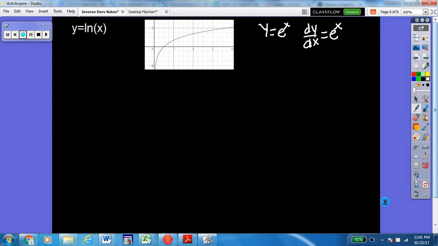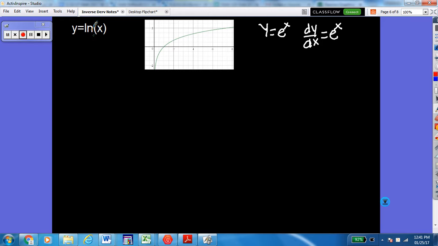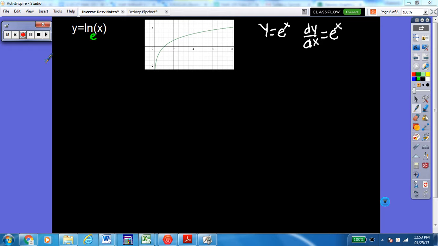So instead of trying to start from the definition of the derivative, I'm going to try to put this in exponential form. I want you to remember that natural log is really just a log with base e. We're going to change this into exponential form by taking the base, e, since this is log base e, and raising it to the y power, and that's going to equal what's inside.